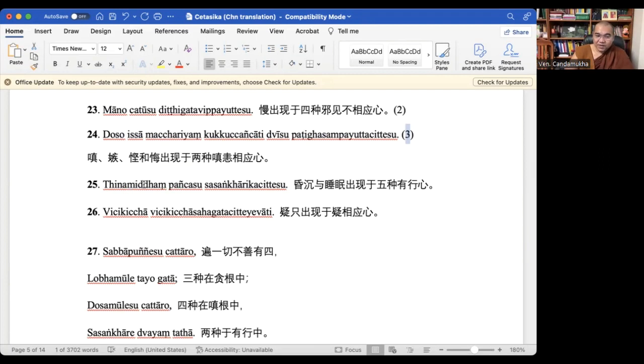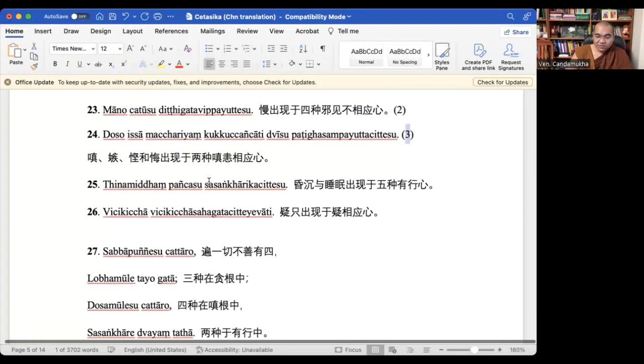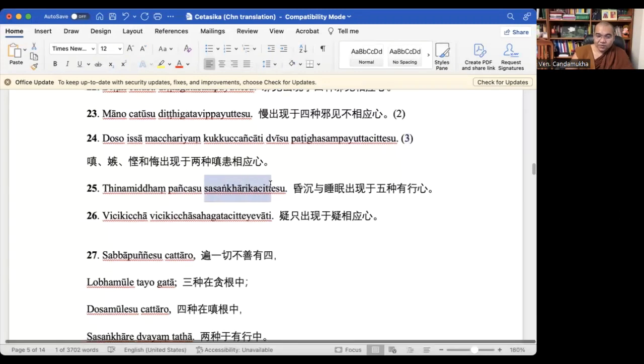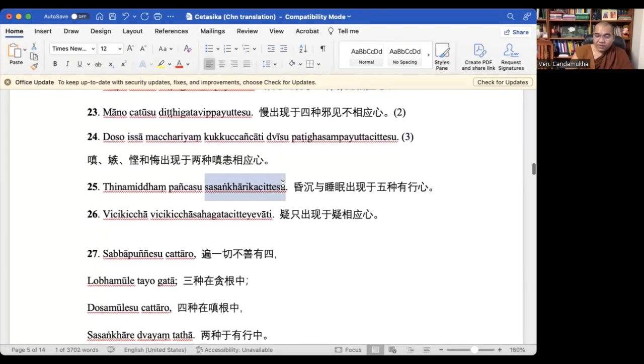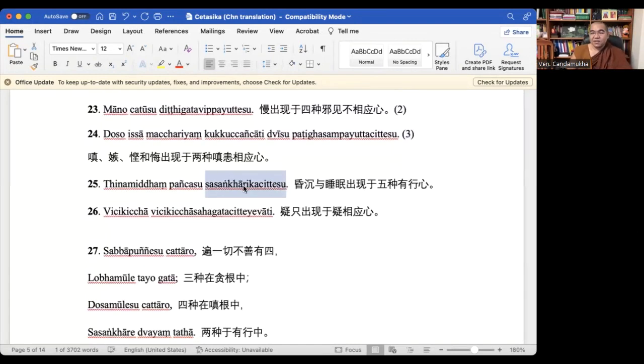This pair of cetasikas, Thina and Middha, associates with the five sasankharika cittas. Among the 12 akusala cittas, if we classify asankharika and sasankharika, there are asankharika 5 and sasankharika 5. In the lobha mula cittas, there are asankharika 4; in the dosa mula cittas, asankharika 1.